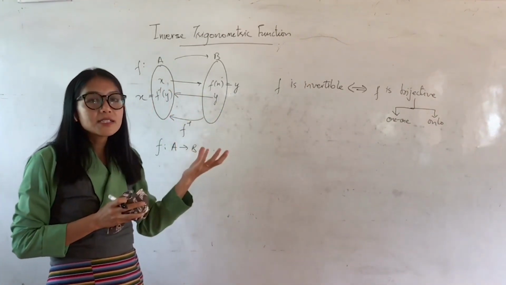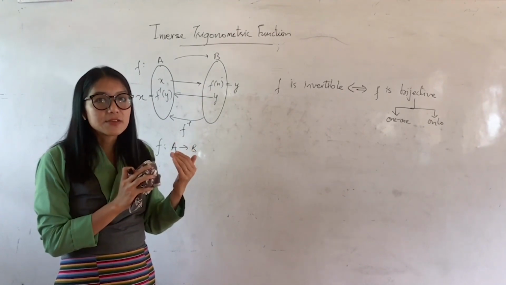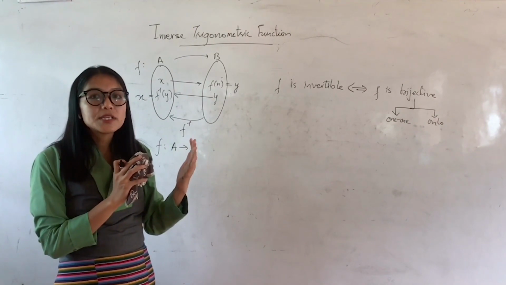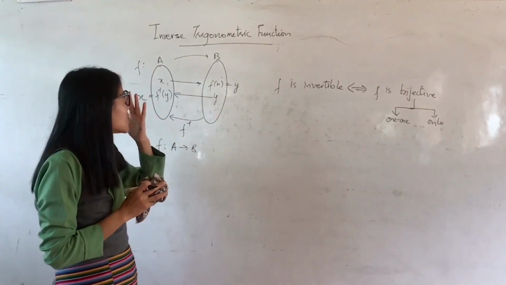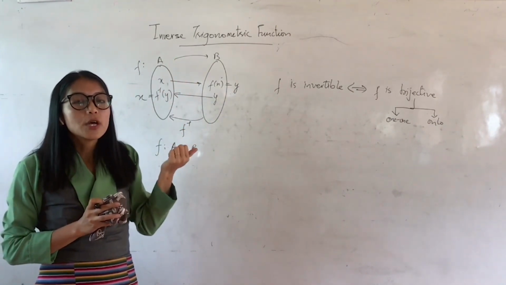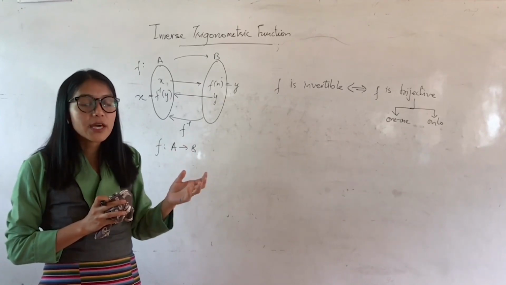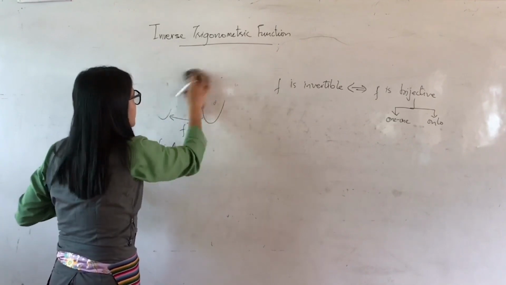So we can find the inverse of a function only if the function is bijective, which means the function is 1-1 and onto. The same concept is to be applied to a trigonometric function and its inverse. So we can find the inverse of a trigonometric function only if that trigonometric function is bijective. Now I'll show you for the function sine.